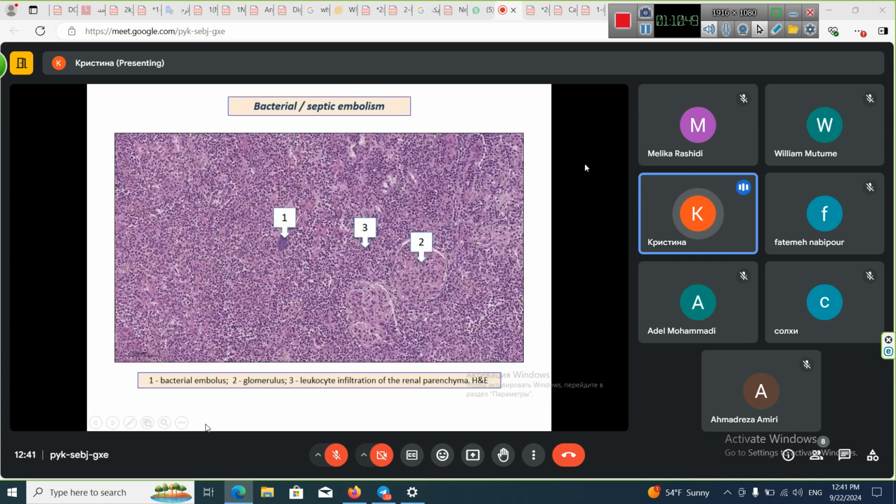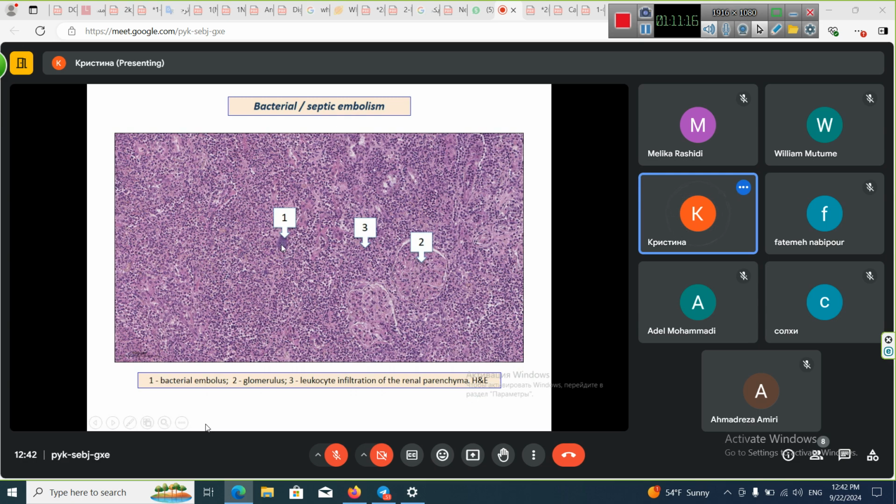Next, bacterial or septic embolism shows us the picture showing the section of the kidney. Number one shows bacteria embolus. So this bluish looking piece is the collection of bacteria.